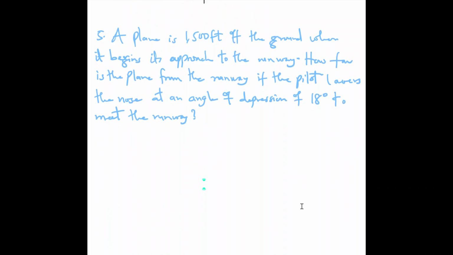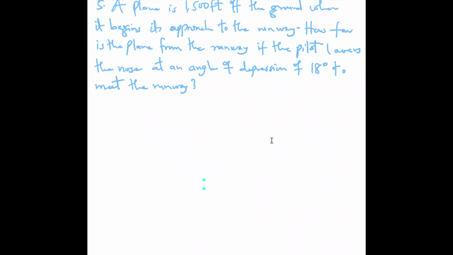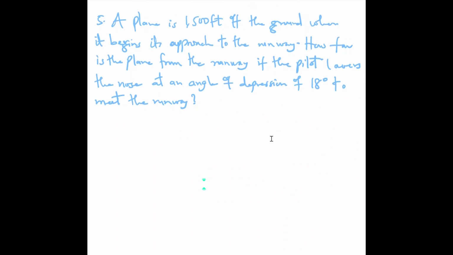The last question says, a plane is 1,500 feet off the ground when it begins its approach to the runway. How far is the plane from the runway if the pilot lowers the nose at an angle of depression of 18 degrees to meet the runway?